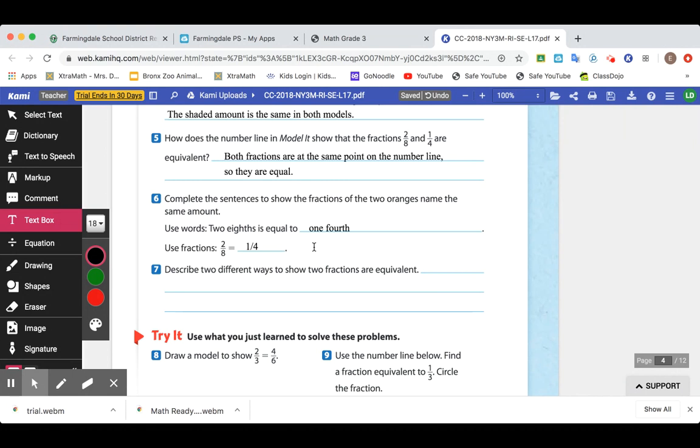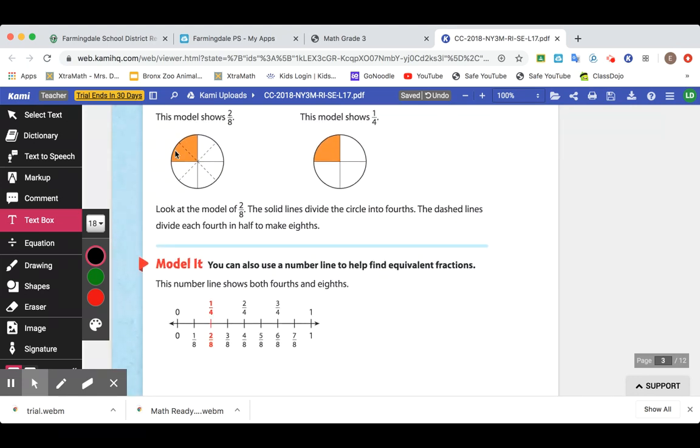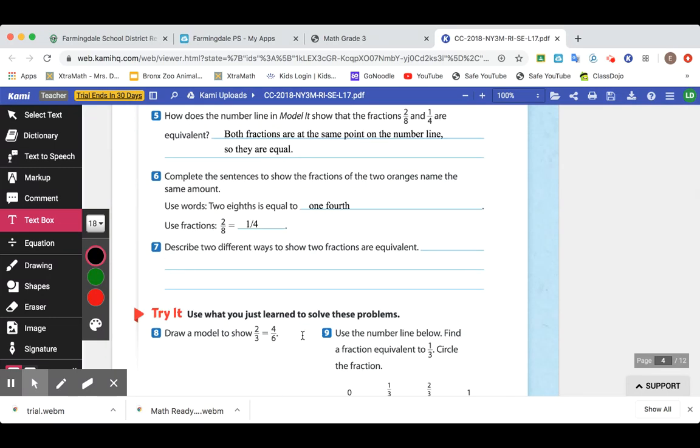All right, it says, for number 7, describe 2 different ways to show fractions are equivalent. Okay, so let's think back to the 2 ways we were looking at. We could use models and we could use number lines, okay? So we can show that it's the same amount shaded in a model or at the same point on a number line.